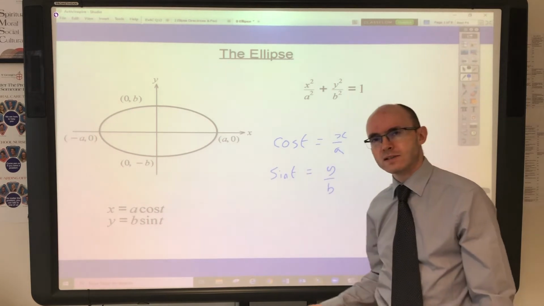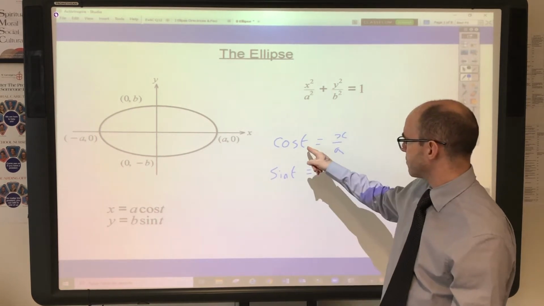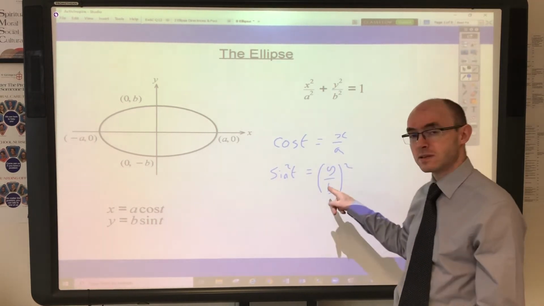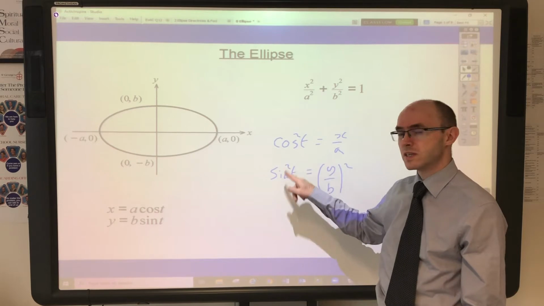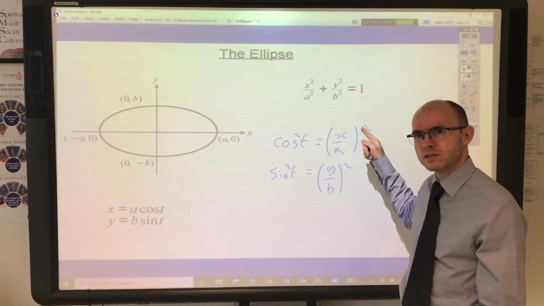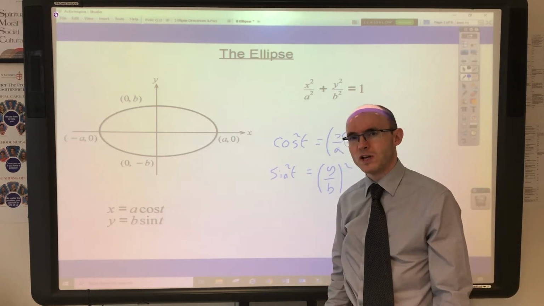And then using the identity, cosine squared t plus sine squared t equals 1. If you square these together, sine squared t is that, cosine squared t is that. Then you add them together, this plus this equals 1, hence the Cartesian equation.